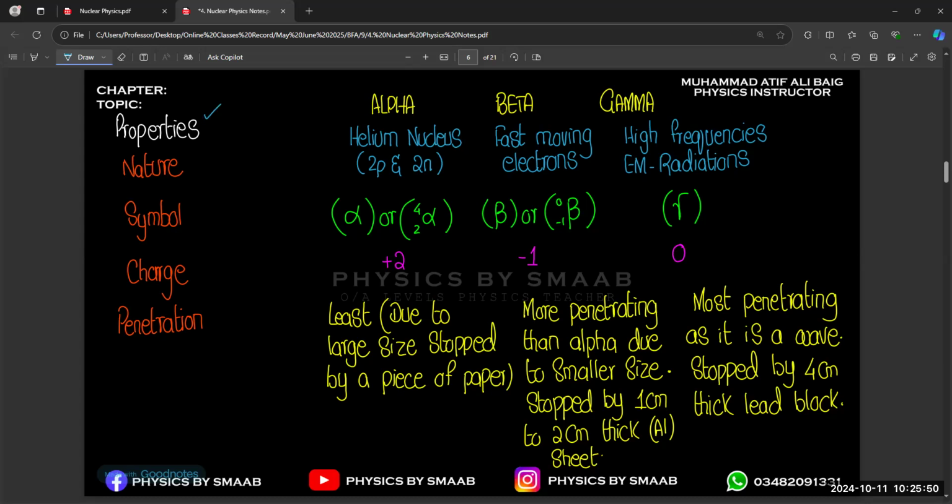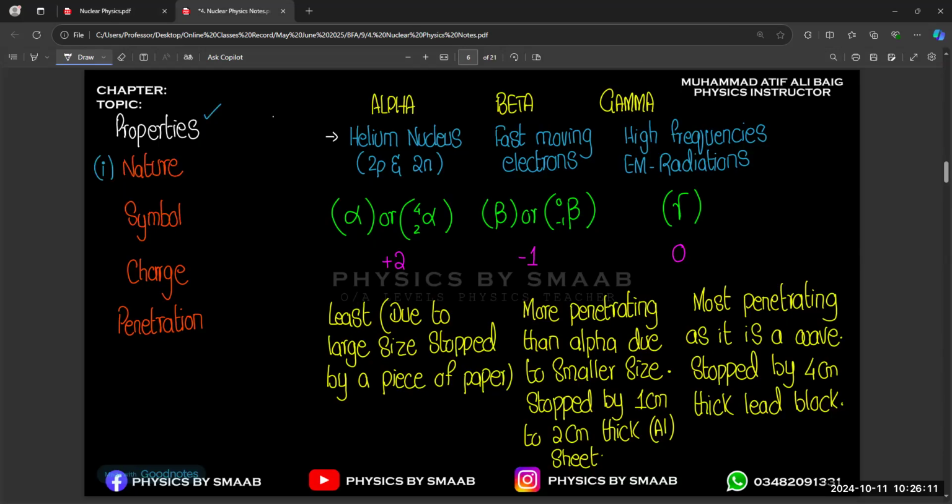So the first thing we are talking about is nature, how they actually look. Okay. So in nature, we can see alpha looks exactly like a helium nucleus. Okay. So alpha is like the copy paste of the helium element.